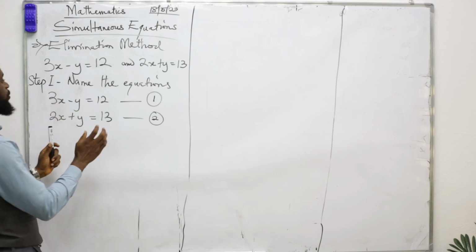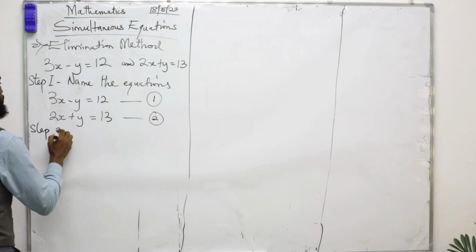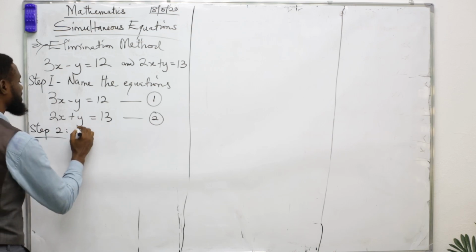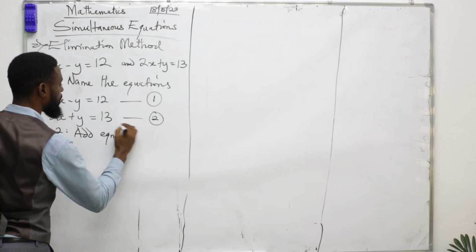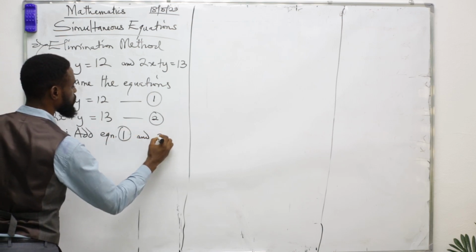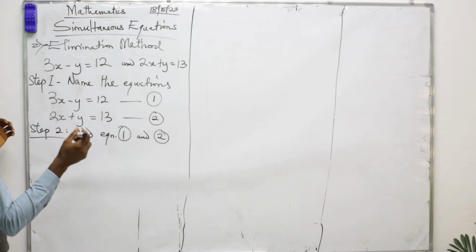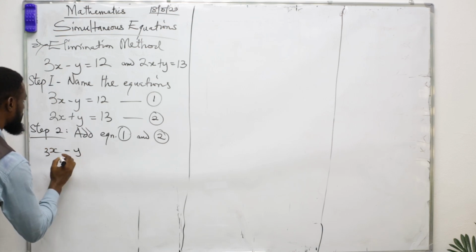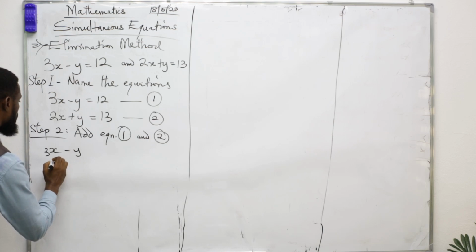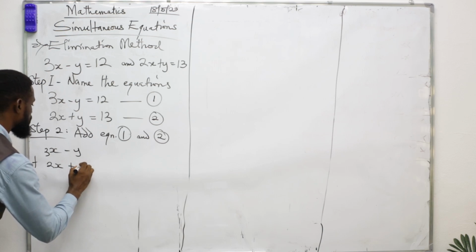So what we do now is step 2: add equation 1 and equation 2. The simple way of doing this is 3x minus y plus 2x plus y.